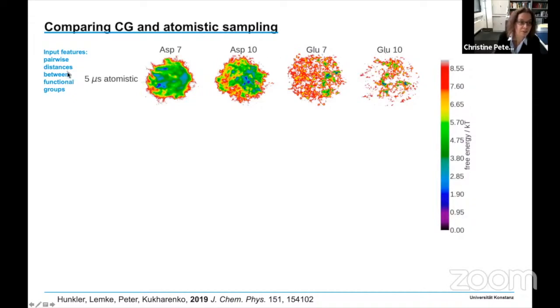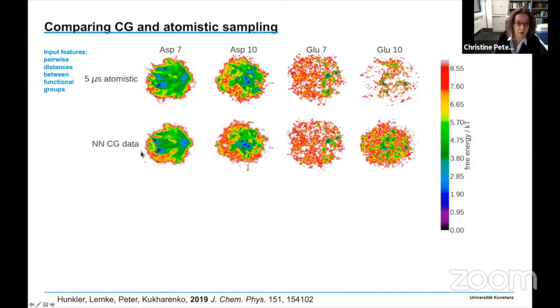Input features have been distances, all pairwise distances between our functional groups. Because our coarse-grained simulations of the same systems are only represented by the functional groups, we can produce the maps also for the coarse-grained data. So here you see the maps produced by the neural network-based coarse-grained model.